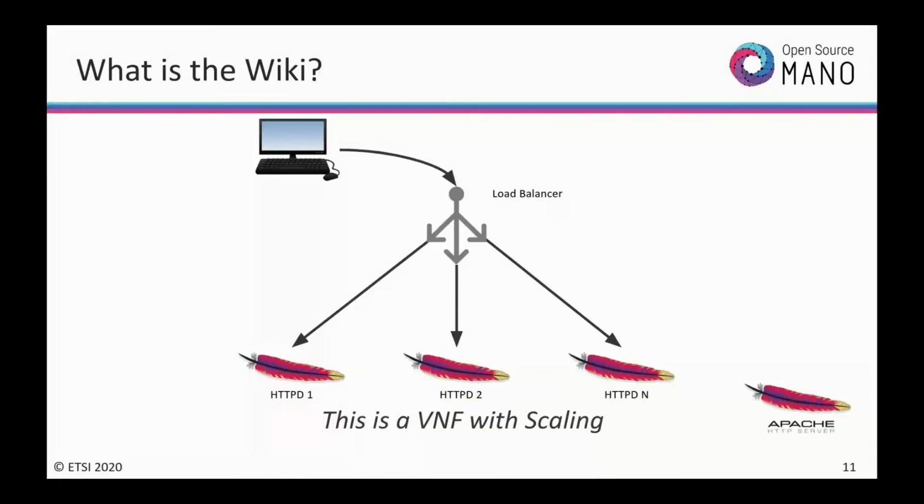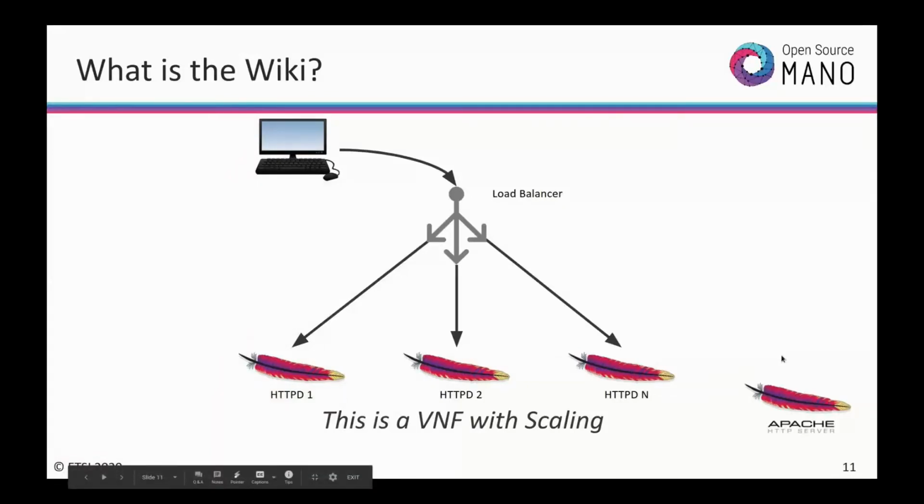So after a certain period of time, a certain threshold, CPU usage, network usage, whatever stress we put on it, OSM is continually monitoring through OpenStack. It's monitoring the statistics of these. And once a certain threshold has been passed, it's going to start up a second instance automatically, or a third instance, or a fourth, or a fifth.